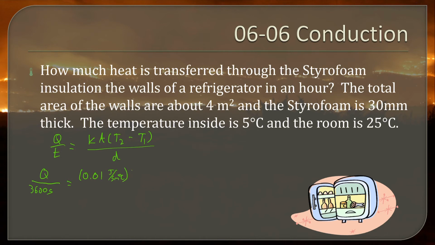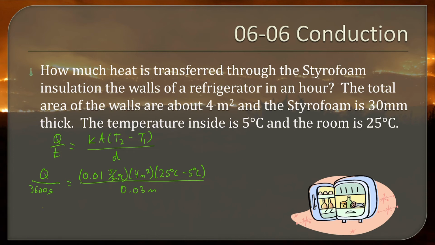Our A, it says, was about 4 meters squared. Our temperatures are 25 degrees Celsius and 5 degrees Celsius. And the D is 0.03 meters. 30 millimeters, if we convert it into meters, you have to move the decimal 3 places, is 0.03 meters.